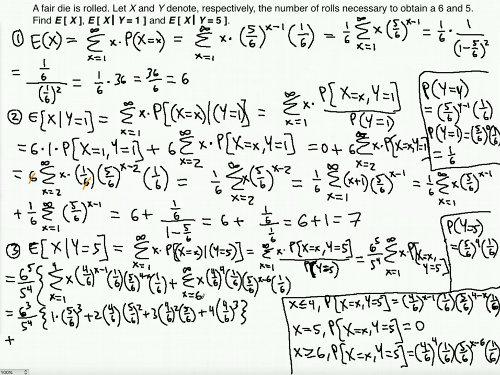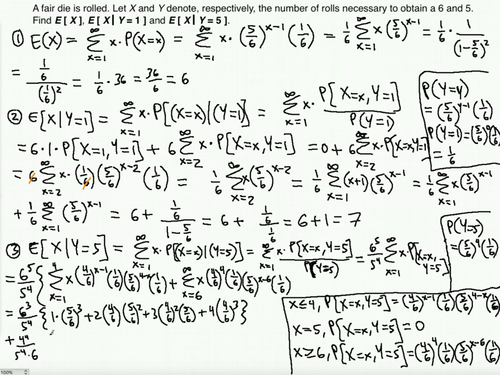And finally, we can start from 1 for the x count. Let me see what that's going to be. That's going to be 4 to the 4. I'm going to take 4 to the 4 out. I'm going to take 5 to the 4 times 6 for this part.